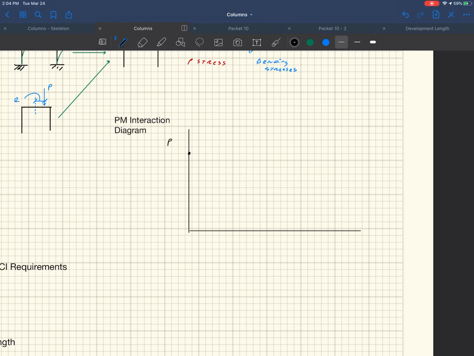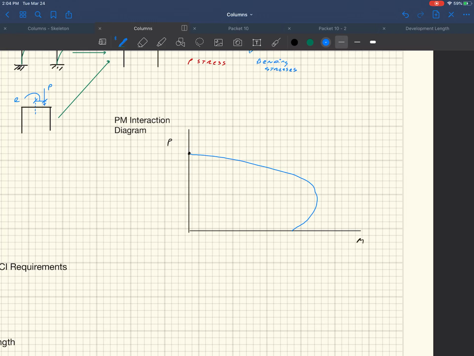On this axis, we're going to put the axial load P, and on this one the moment M. If you were to plot the capacity of the beam as a function of the moment applied to it, you would get a curve that looks like this. This is what they call a PM interaction diagram, and you can use it for design. I didn't draw that quite right. Let me have it come right there. All right, there we go.